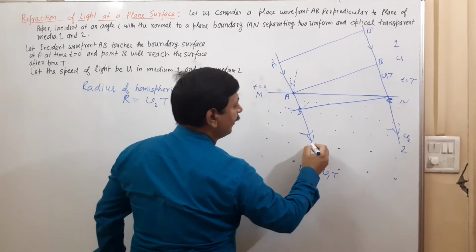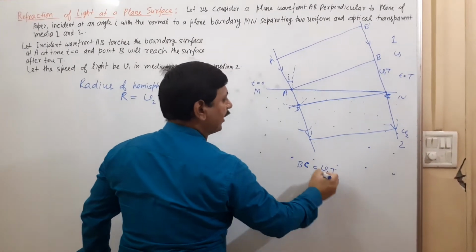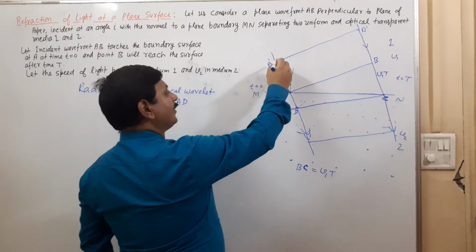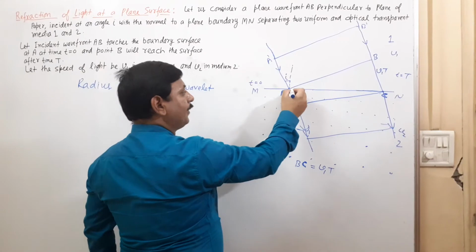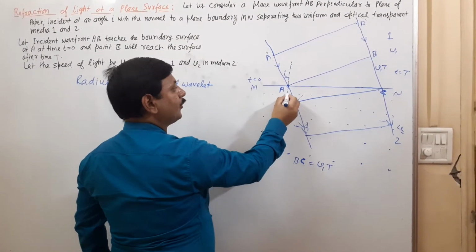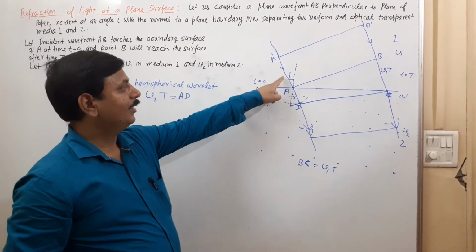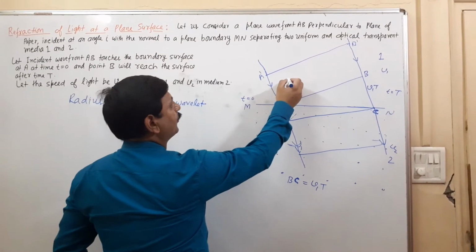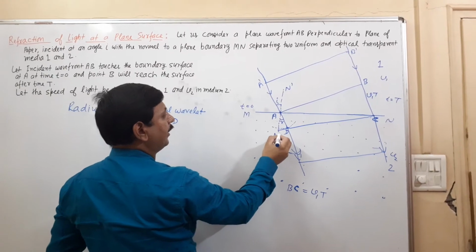Again, next wavefront, and this will be the direction of the ray. So see here, this is the incident ray and this is the refracted ray. If we draw here, this is the angle of refraction. The angle of incidence, suppose I have named the normals N dash and N double dash.